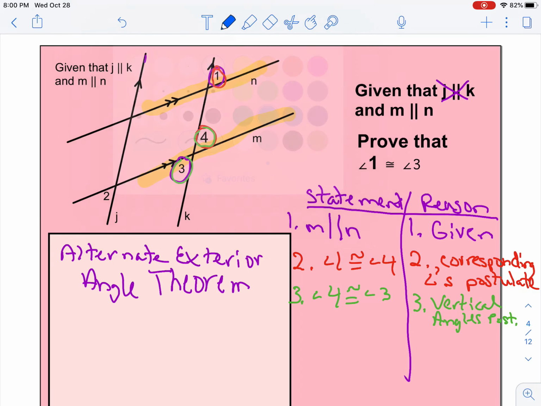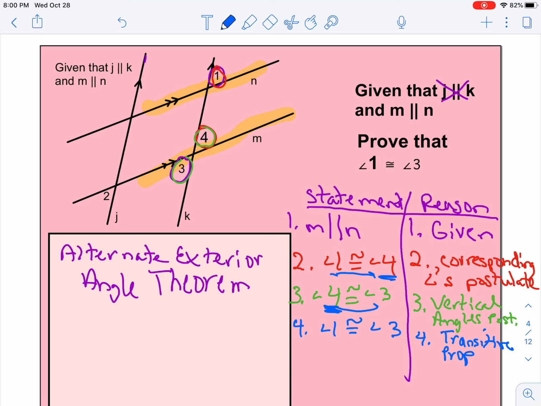All right, so look, we have a perfect example of the transitive. We have angle 1 is congruent to angle 4, and 4 is congruent to 3. So notice we start out with what we left off with, and so what we have then is angle 1 is then congruent to angle 3, and that is by the transitive property.